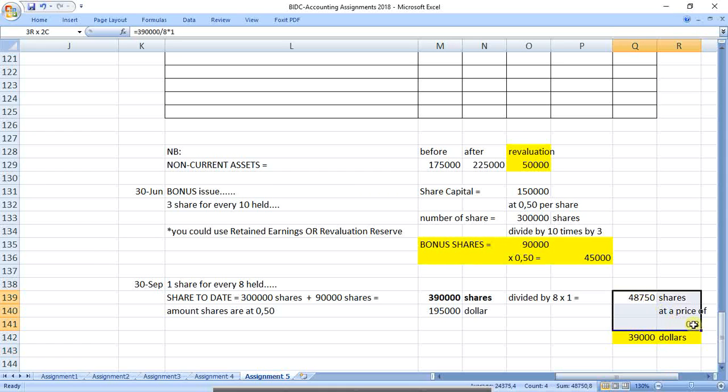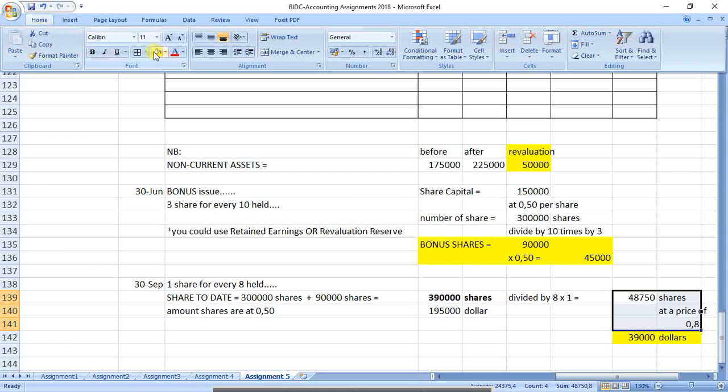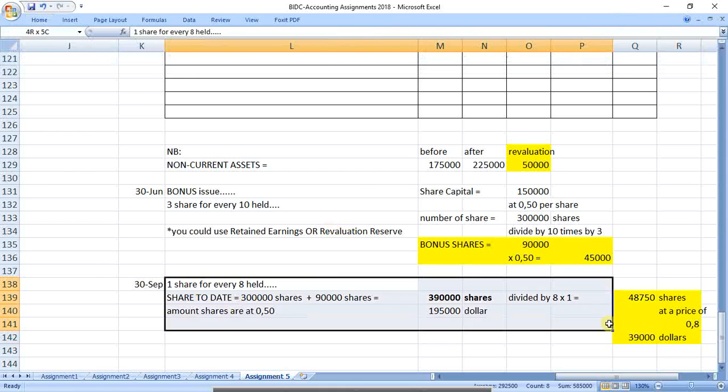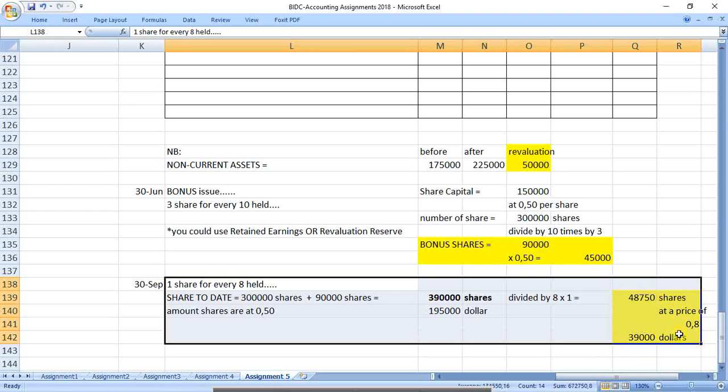So now we've got the shares and we've got the price. Again, this little bit you need to write in somewhere just to show the working. But let's just record it then. No, not bonus share. This is a rights issue. This you could probably use the retained earnings, because you're not going to be affecting the revaluation. So for this one, I'm going to use retained earnings.